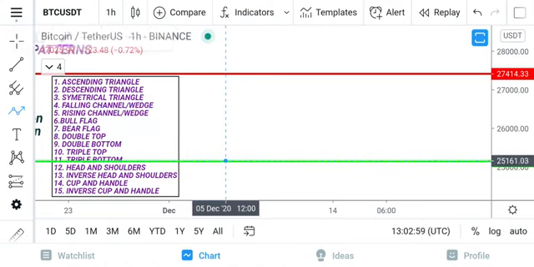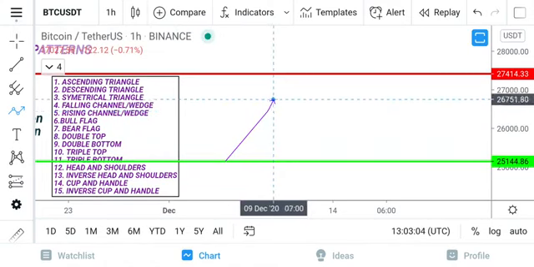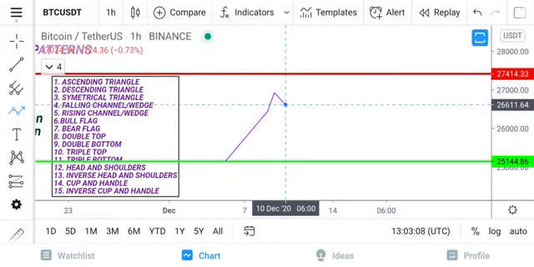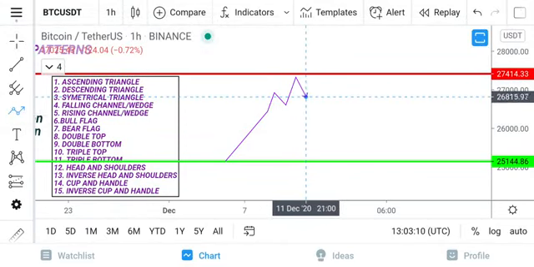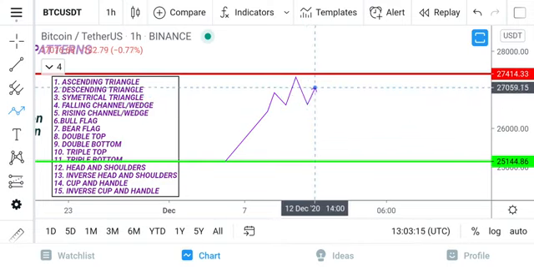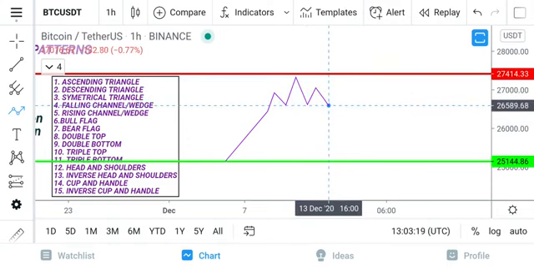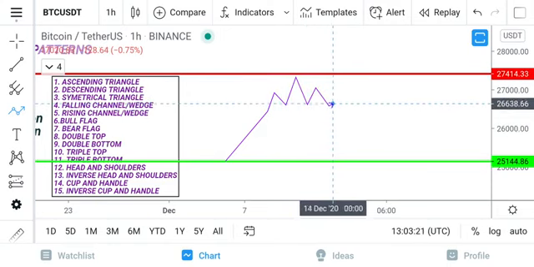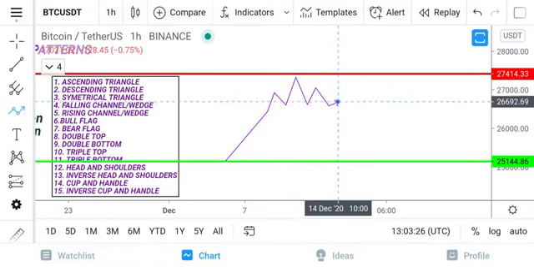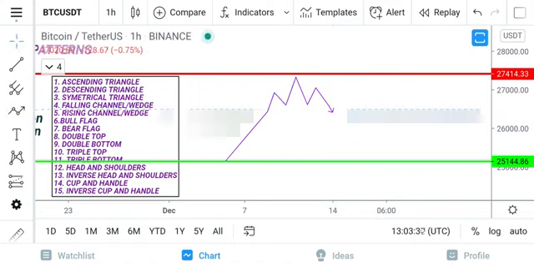For example, if the price has been going up, and suddenly it forms a head and shoulder, it means it's going to go down. It means the trend is coming to an end and price is going to head down. So that's how your head and shoulder chart pattern is formed.